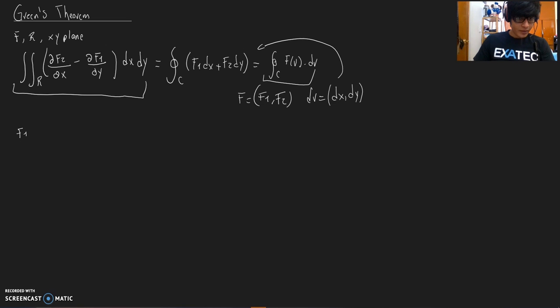For instance, if we have that f1 is equal to 0 and f2 is equal to x, given that f equals 0, x, we can say that this function evaluated in a closed region R is equal to the derivative of f2 with respect to x, that will be 1, minus the derivative of f1 with respect to y, that will be 0, times dx dy, which is equal to the integral over a closed curve C of f1 dx plus f2 dy, that is 0 times dx plus x times dy.